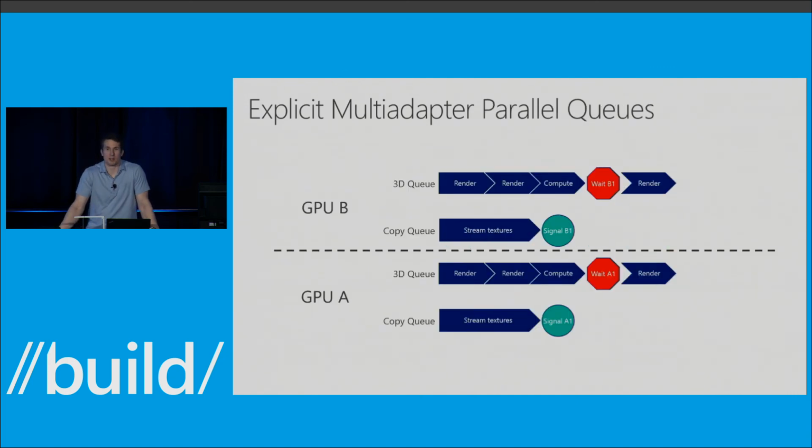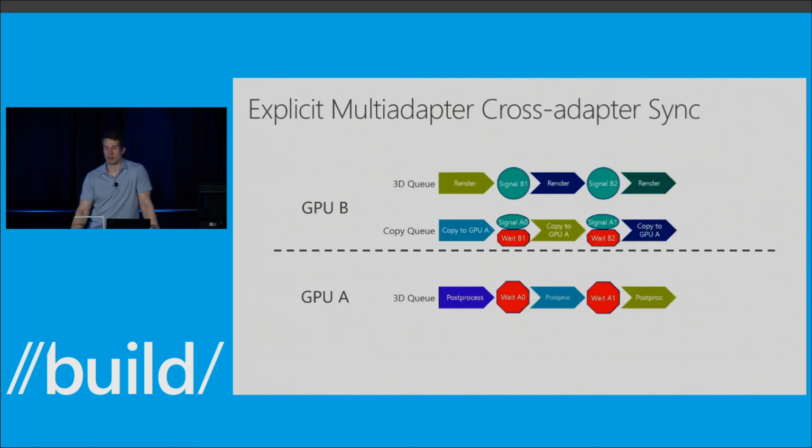Likewise, building on the fundamentals, Direct3D 12 has these independent queues, and you can just target multiple GPUs simultaneously. What I'm showing in this scene is just two GPUs doing similar rendering workloads and synchronizing only on GPU-local synchronization primitives. But we can look at more complicated scenarios now where we're synchronizing work across multiple GPUs.